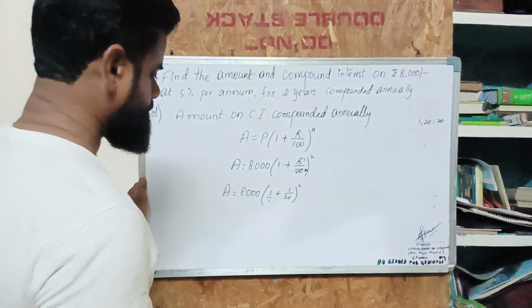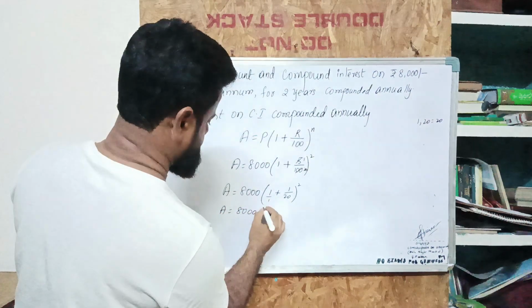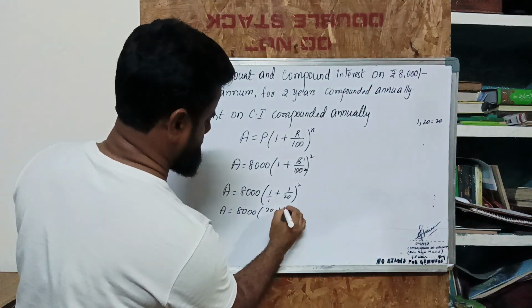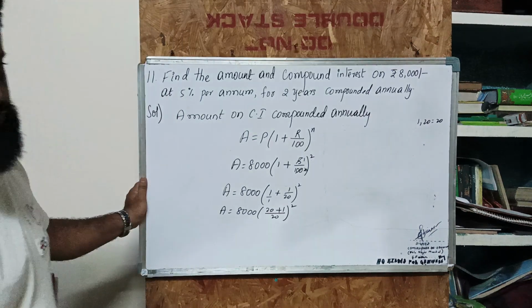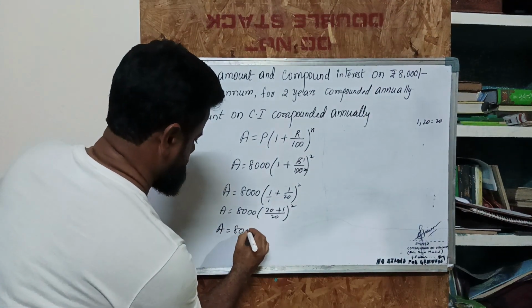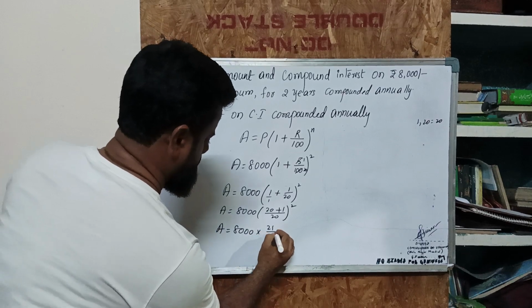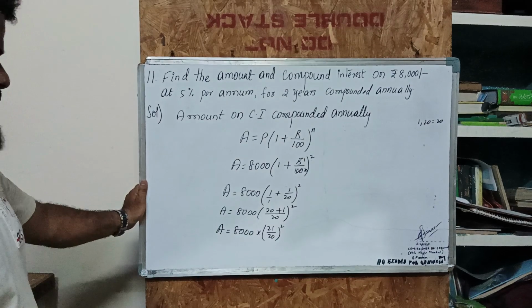After taking the LCM, we get this as 20 plus 1 by 20 to the power of 2. That is A is equal to 8,000 into 21 by 20 to the power of 2.